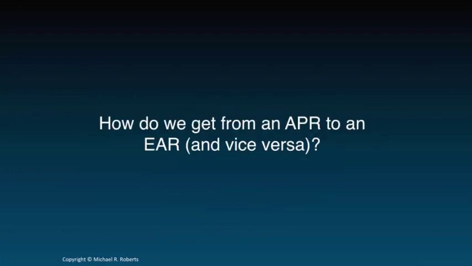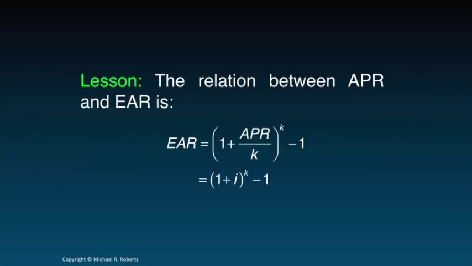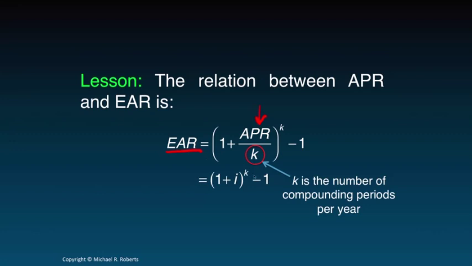Now, how do we get from one to the other? How do we move from APR to EAR, or vice versa? Well, here's that simple mathematical formula I referred to just a moment ago. The EAR is related to the APR by this equality. Okay, what's going on here? K is just the number of compounding periods per year. So imagine we had monthly compounding.